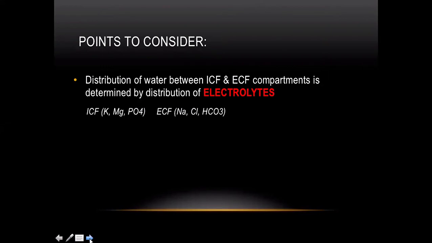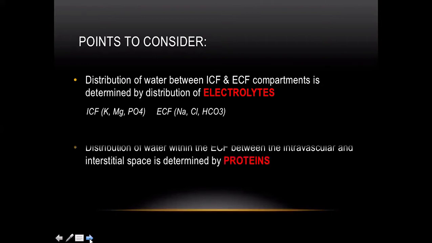Whereas for the ECF, we have sodium, chloride, and bicarbonate. Okay? Another point to consider is that the distribution of water within the extracellular fluid between the intravascular and interstitial space is determined by proteins. Okay? So there are two important considerations here, the electrolytes and the proteins.